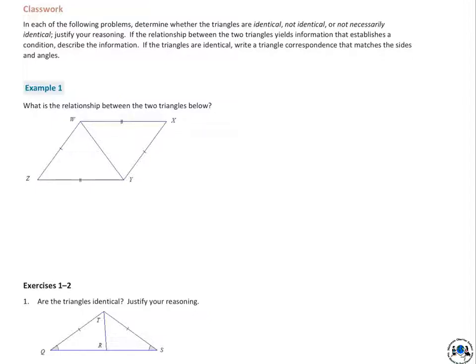One in particular comes up in this lesson, and you'll be asked to use that to help you solve the puzzles here, whether we can claim uniqueness and whether we can claim truly identical triangles. So, let's get started.